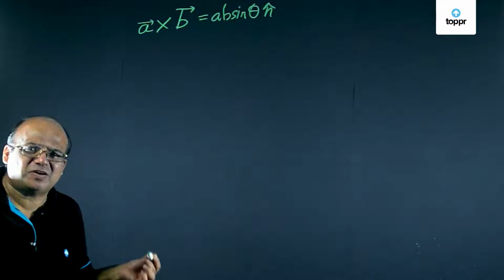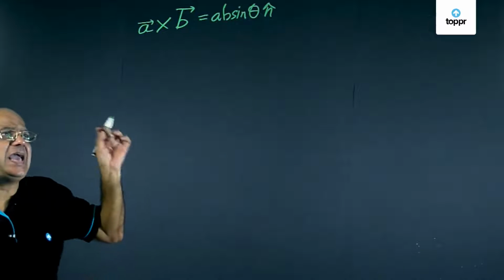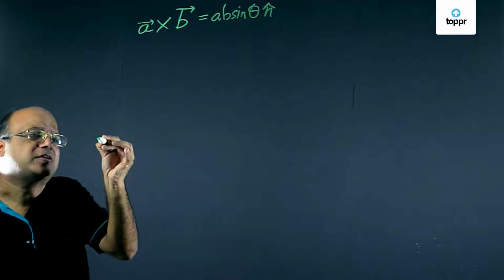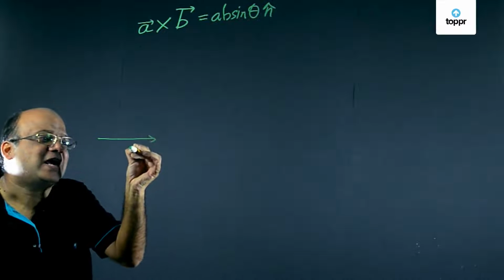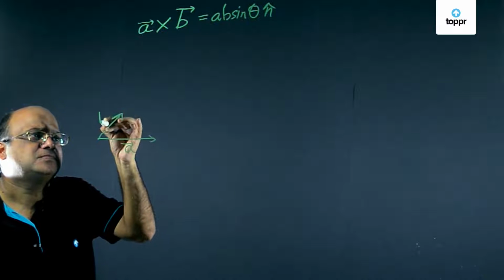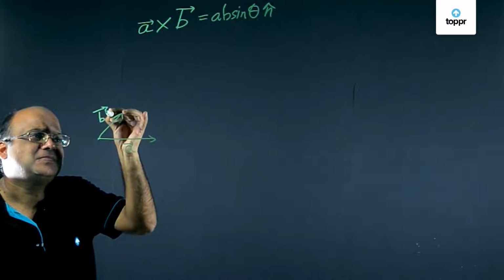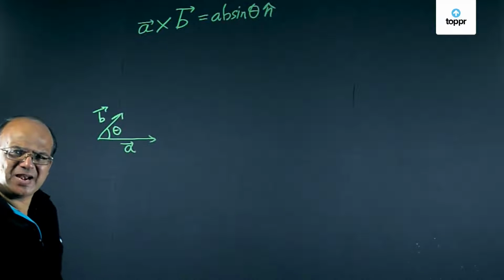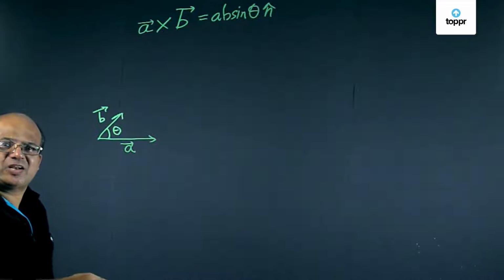Now what is the direction of this n cap? N cap is a unit vector perpendicular to both A vector and B vector. This is that smaller angle theta. To find n cap, take your right hand.